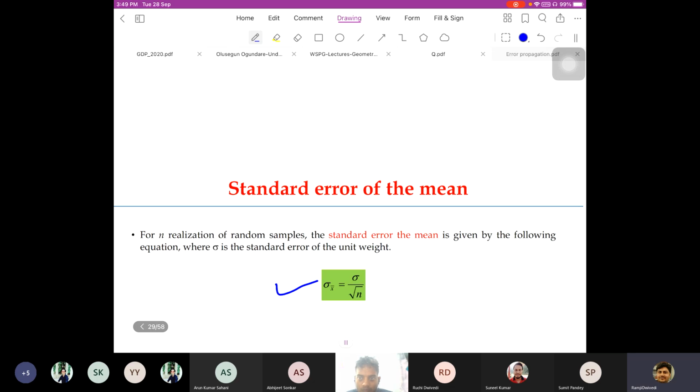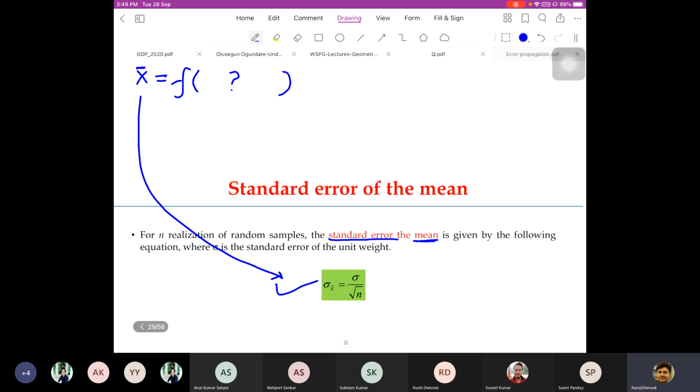What I am asking is the standard error of the mean, which is sigma x bar. If you know how x bar is a function of what, then you can easily derive it with the help of the law of error propagation, which I have just discussed with you.